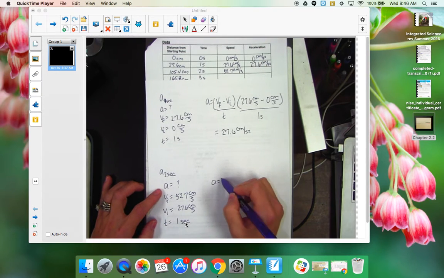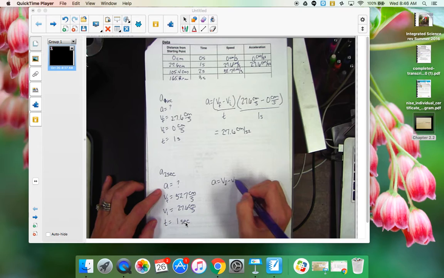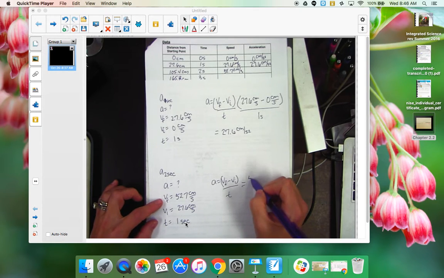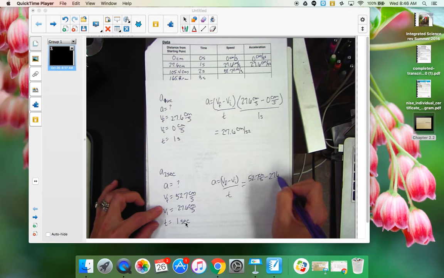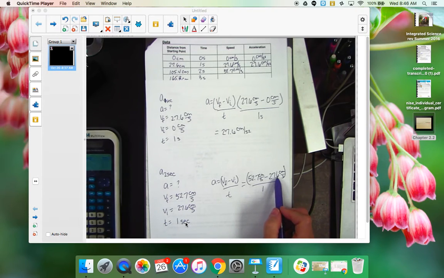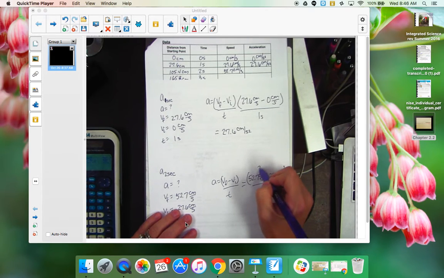So A again, VF minus VI over T. Plug in my variables. Okay, I'm going to do this part first. So 52.7 minus 27.6 gives me 25.1.